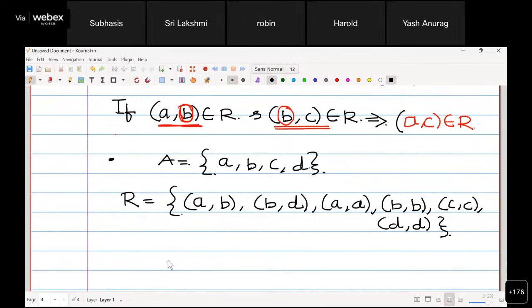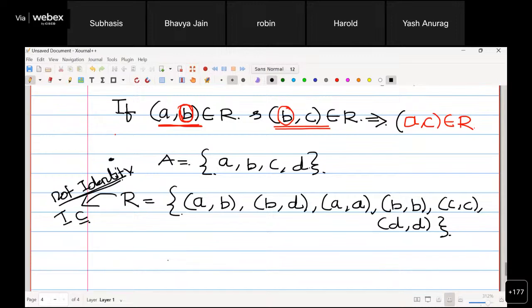Certainly this is not, but before that, let me revise the things that we have already covered. As you can see, this is not an identity relation, but it contains the identity relation, so R is a reflexive relation.